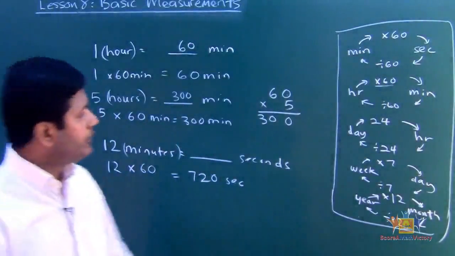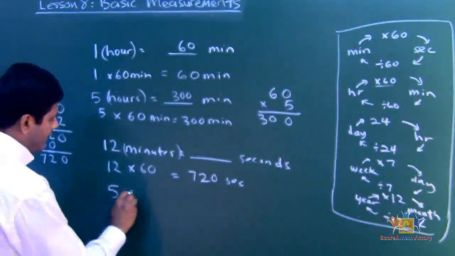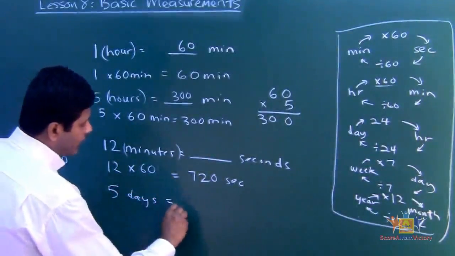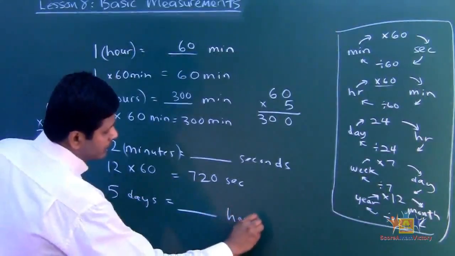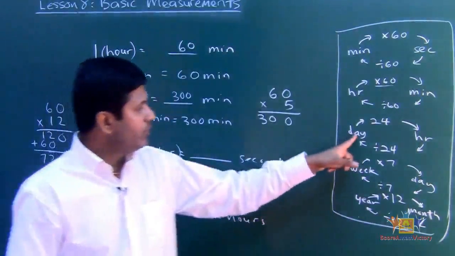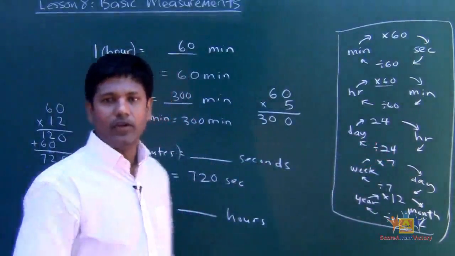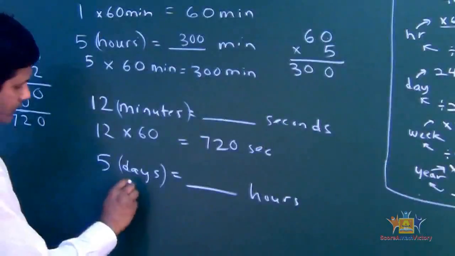Now, let's say I give you 5 days and I want to find out how many hours 5 days equals. Where the day is, I substitute it. From day to hour, what do we do? Multiply by 24. So I'm going to multiply the 5 by 24 hours.